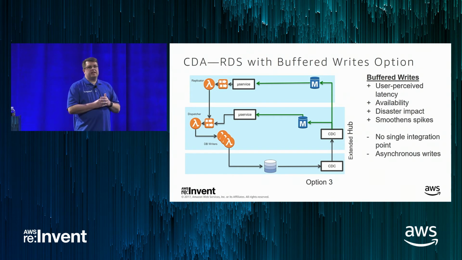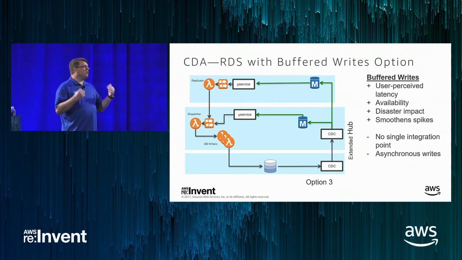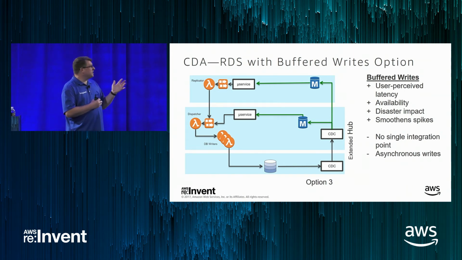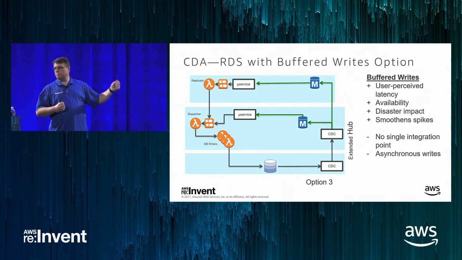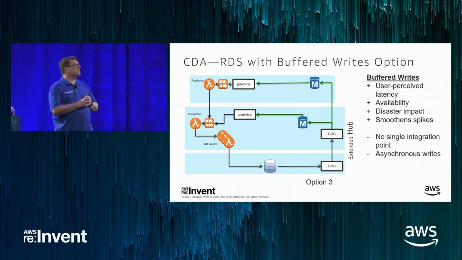The availability and disaster impact is considerably lower because our users can still make writes to the database and they're stored before they're forwarded. And if we have an incredible increase in traffic, the part of this solution which can't scale is the database at the very bottom on the mainframe, and we can absorb the spikes using the streaming data platforms.